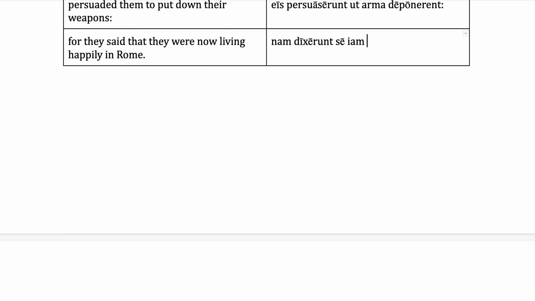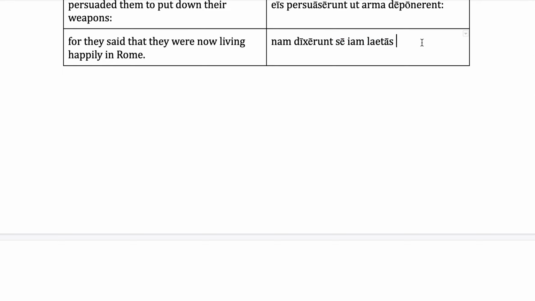So happily, you could use an adverb like feliciter, but often where we use an adverb in English, the Romans use an adjective in Latin. So laetus here, and because it has to agree with se, therefore it has to be feminine accusative plural. So laetas, so they said that they were living happily, so those two agree together, se and laetas.